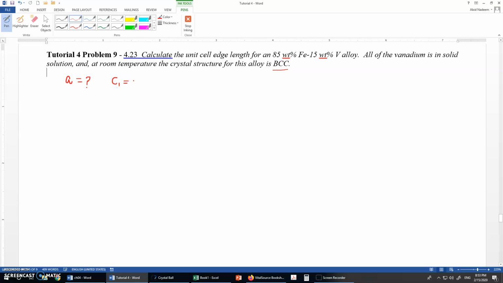C1 is equal to 85, C2 is given as 15%, and from these weight concentrations we can find their average density.